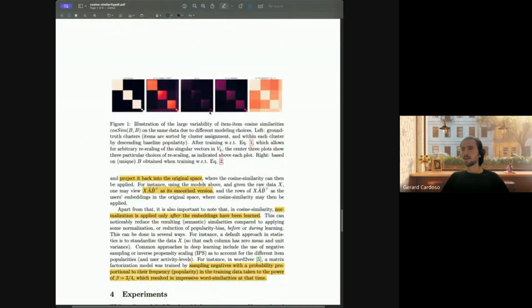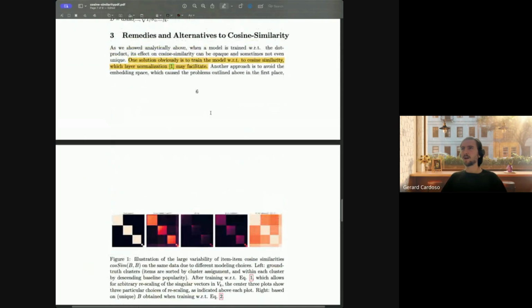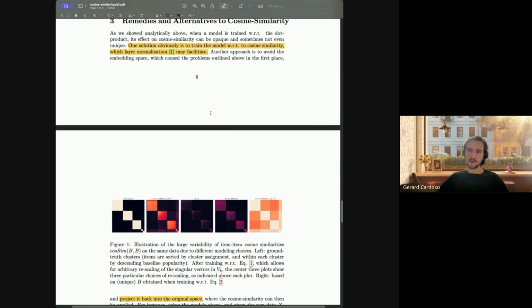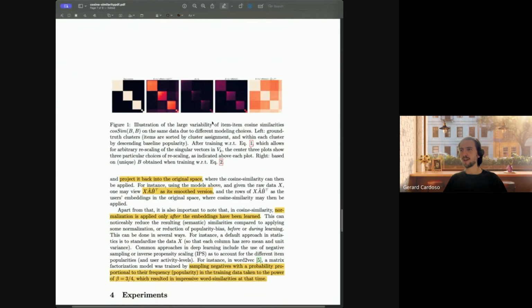At this point, I think we all understand what's going on. I was a little bit disappointed at the outcome and the conclusions of the paper, which were the remedies and alternatives, like, okay, fair enough.